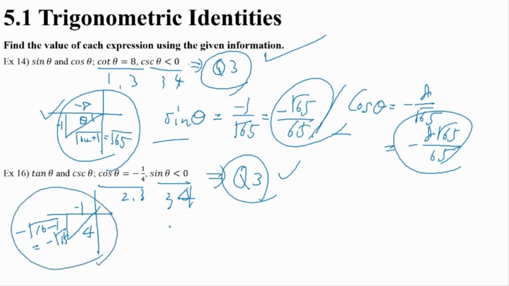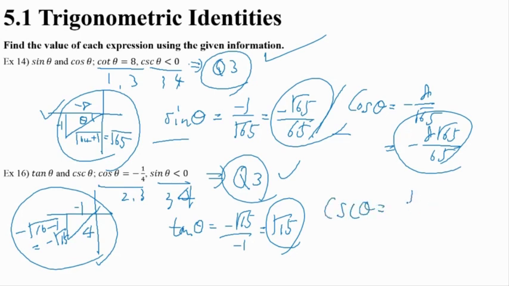Now tangent. Alright. So tangent theta, opposite and adjacent. So -square root of 15 over -1, which is square root of 15. Okay, and cosecant theta means 1 over sine theta.